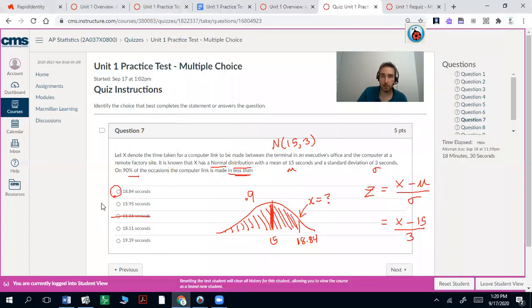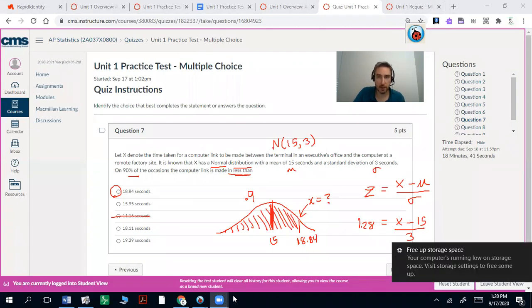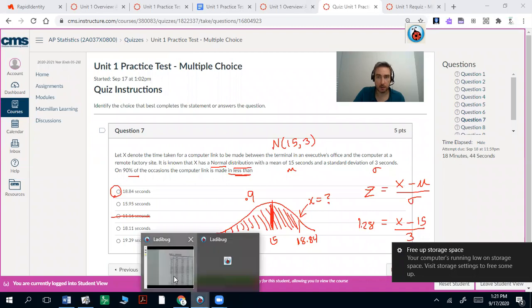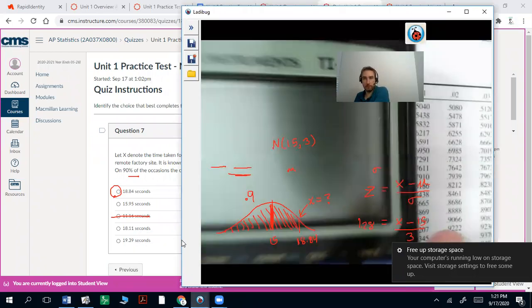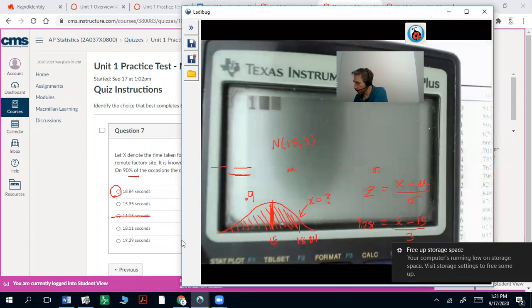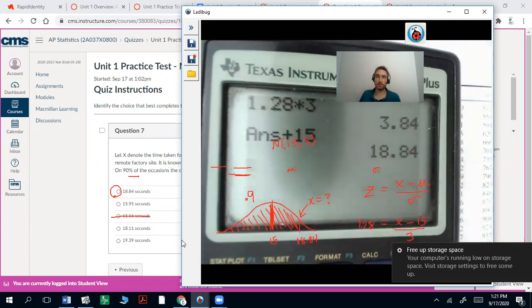All right, so your z-score is going to be 1.28, and then we're going to solve that for x. And we just solve it by multiplying by 3 and adding 15. So 1.28 times 3, and then plus 15, and there's your 18.84.